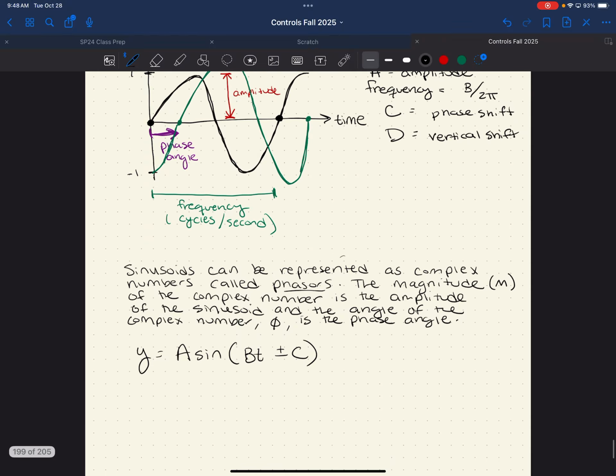Then if we wanted to represent this as a complex number, we would say that our complex number representing this sinusoid is A angle C.